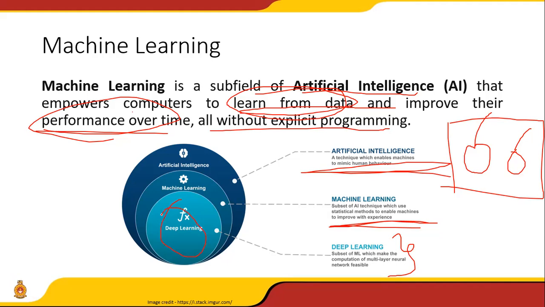At the end of the day, this architecture is able to understand all of these inputs, process them nicely, and differentiate all of these apples and oranges and whatever things. I believe you got a very high-level understanding of machine learning, artificial intelligence and deep learning.